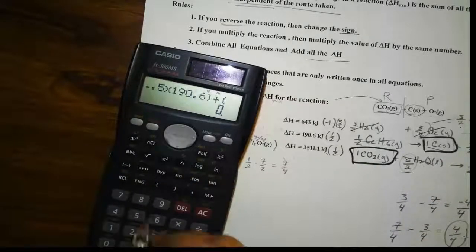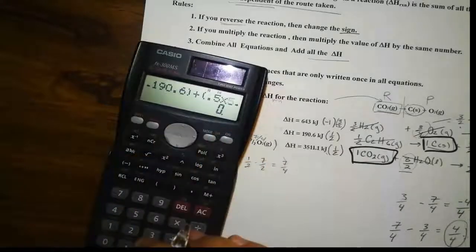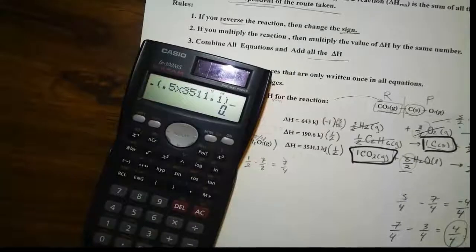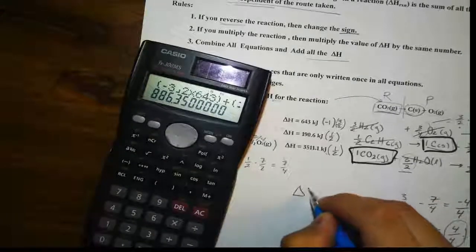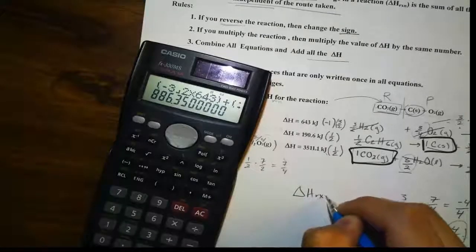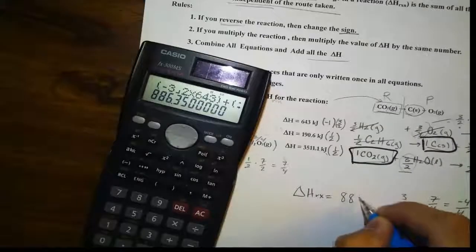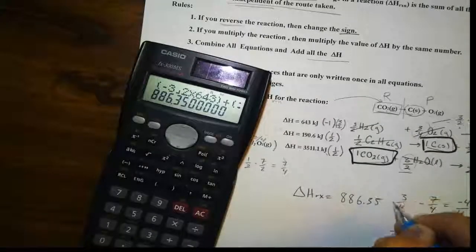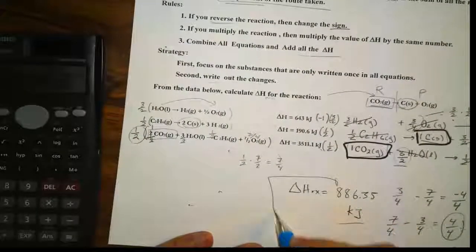So 1/2 is 0.5 times that number 3511.1. Okay? And that gives us our answer of delta H reaction for this right here equal to 866.35. And the unit is kilojoule. And that's our answer right there.